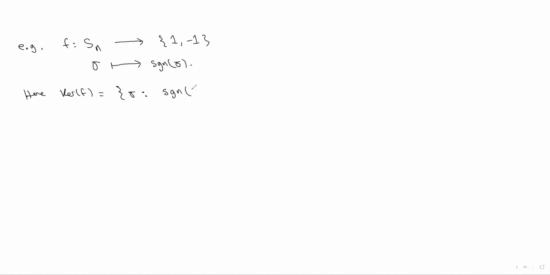So here's another example. f from S_n to the set of 1 and negative 1, and f maps permutation sigma to the sign of sigma. So here, the kernel of f is the set of all permutations sigma such that the sign of sigma is the identity, which is 1.